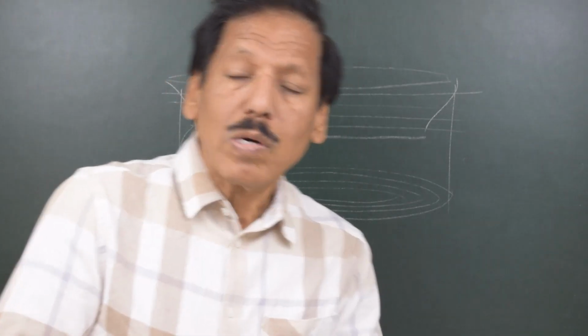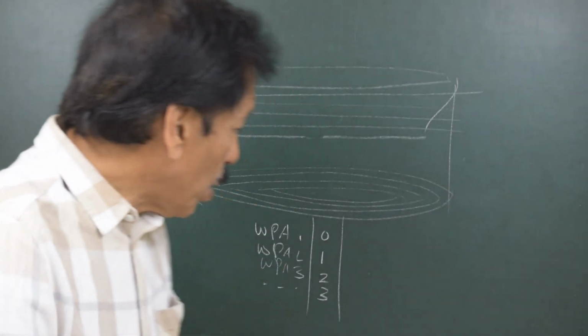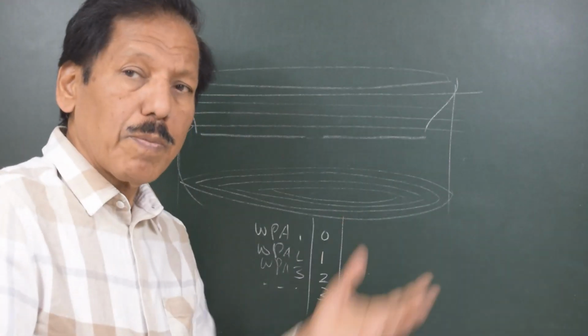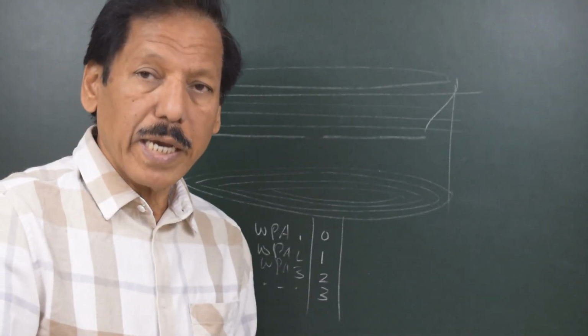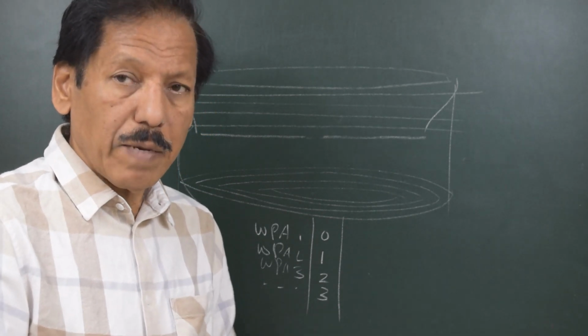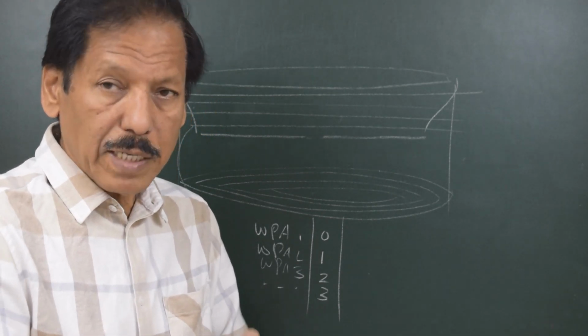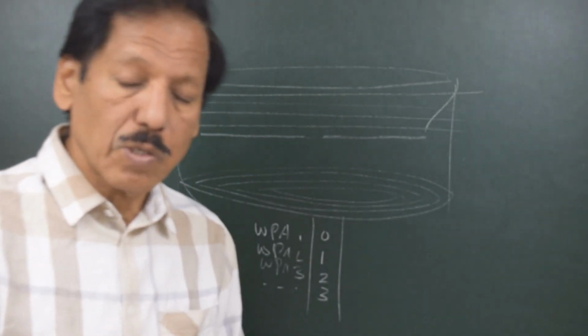Then what we will get after Simpsonizing the water plane areas is the underwater volume, and because we have taken moment about the bottom ordinate, that is the base ordinate, we will also be able to get KB. So this is the method to find out the underwater volume and KB. The method is Simpsonizing. And how do you get these water plane areas? These water plane areas, as I told you, can be found out from the TPC.